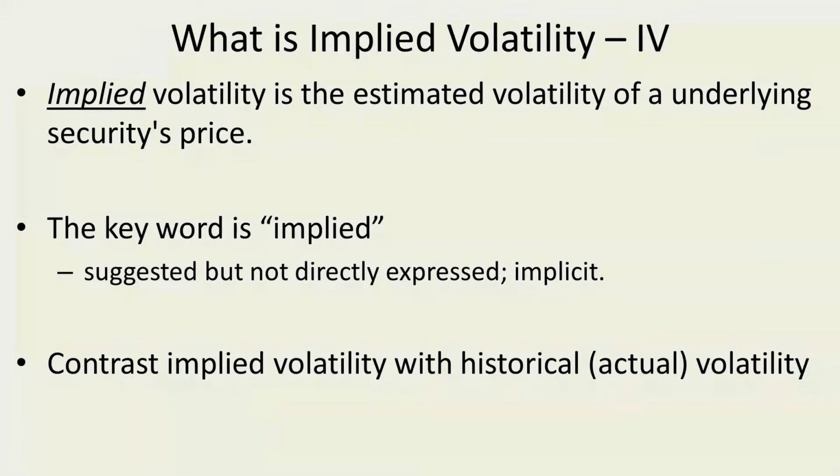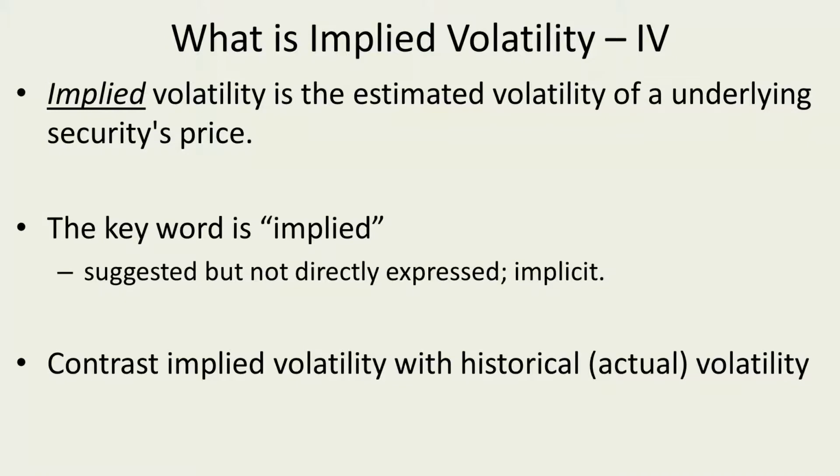So the key word is really implied, and I want you to contrast implied versus historical. If we say the implied volatility on the SPY today is 20%, we're hedging our bet a little bit, or the market makers' formulas generate the volatility. But if we look back a month, we know it was 19.2% or 17.1 or whatever.